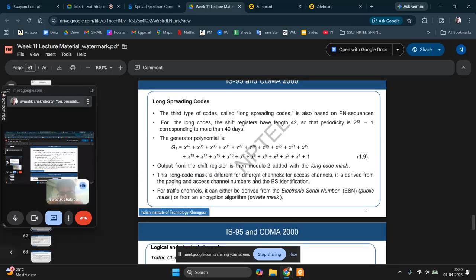Okay, so now there is also the long spreading code. The long spreading code uses length of 42.